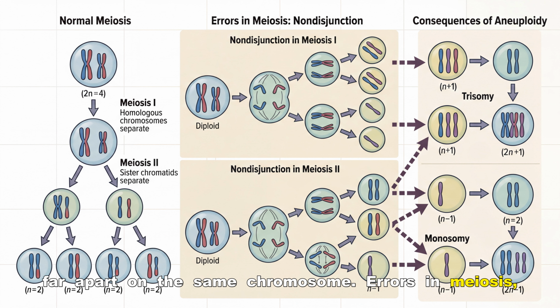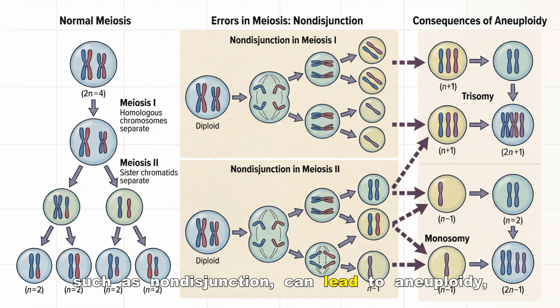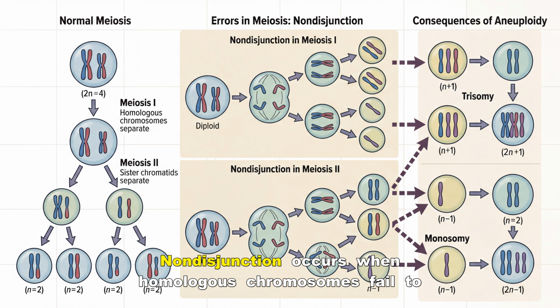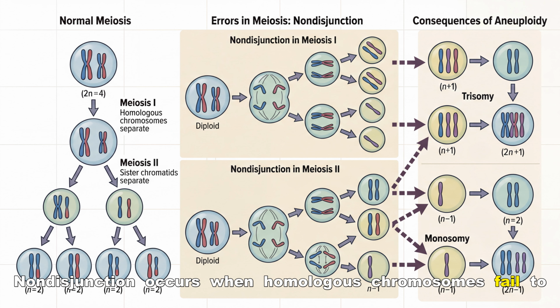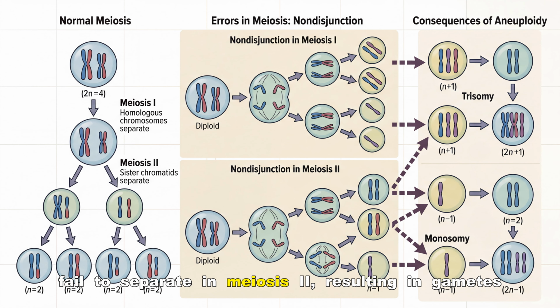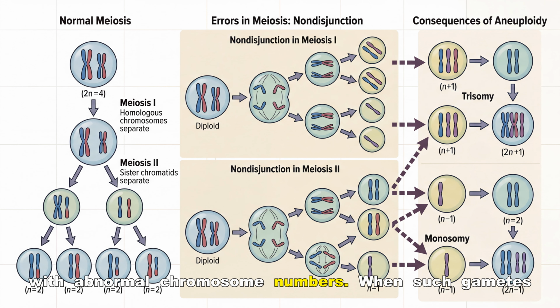Errors in meiosis, such as non-disjunction, can lead to aneuploidy, affecting genetic variability and causing disorders. Non-disjunction occurs when homologous chromosomes fail to separate in meiosis I, or when sister chromatids fail to separate in meiosis II, resulting in gametes with abnormal chromosome numbers.